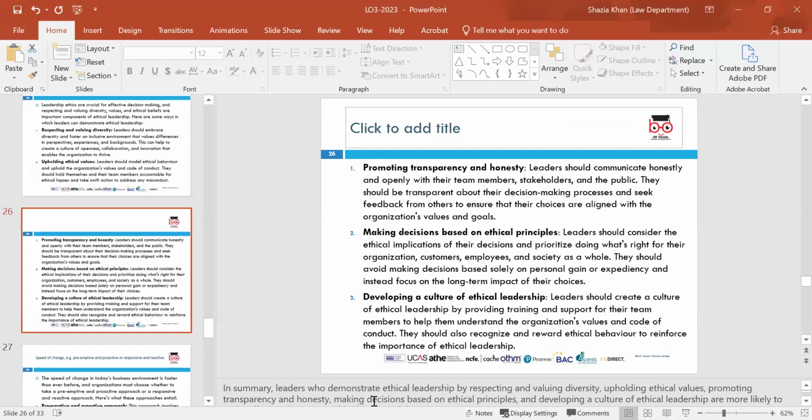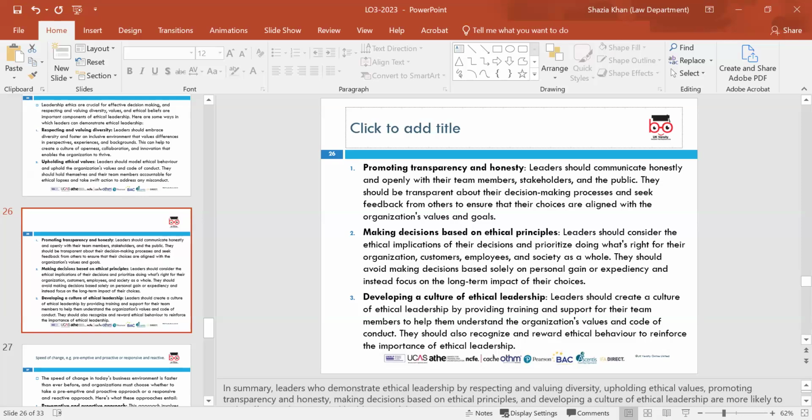Promoting transparency: leaders must demonstrate ethical leadership by, as we said, respecting and upholding ethical values. Ethical leaders inspire their teams. They create a culture of respect and foster a sense of psychological safety. The importance of ethical leadership cannot be overstated, as it has a direct impact on the well-being of employees, customers, and the organization as a whole.